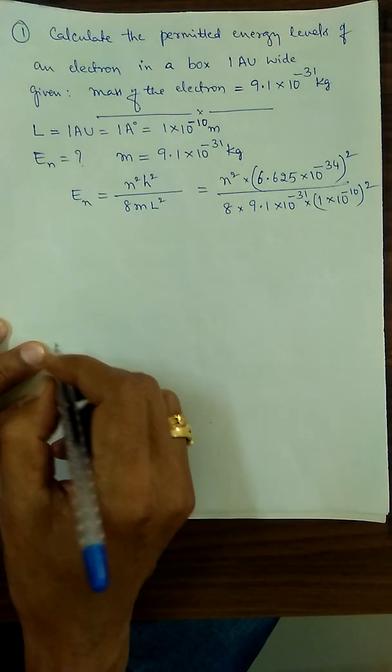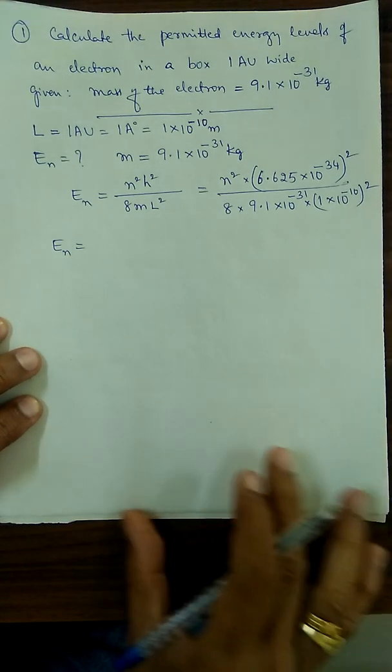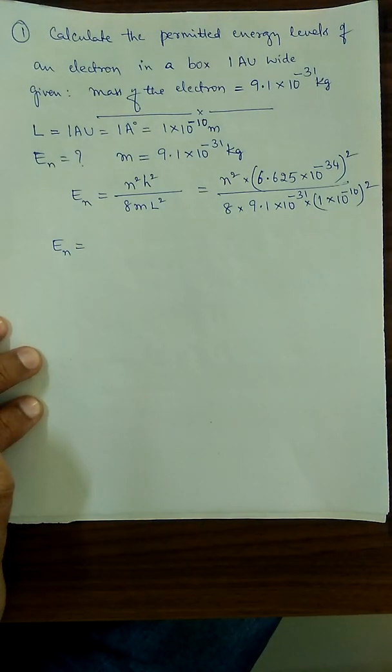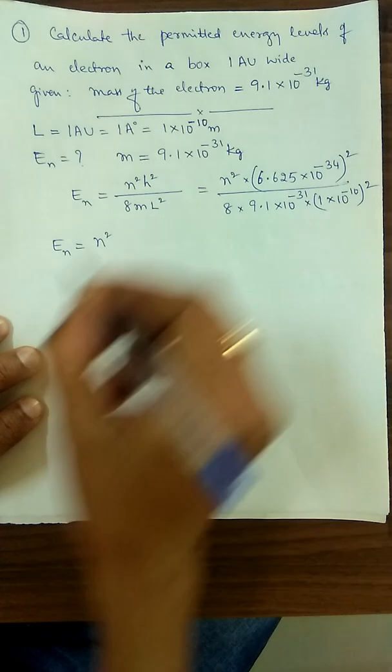Do the calculation quickly. N square as it is I will write. Remaining things you do the calculation.